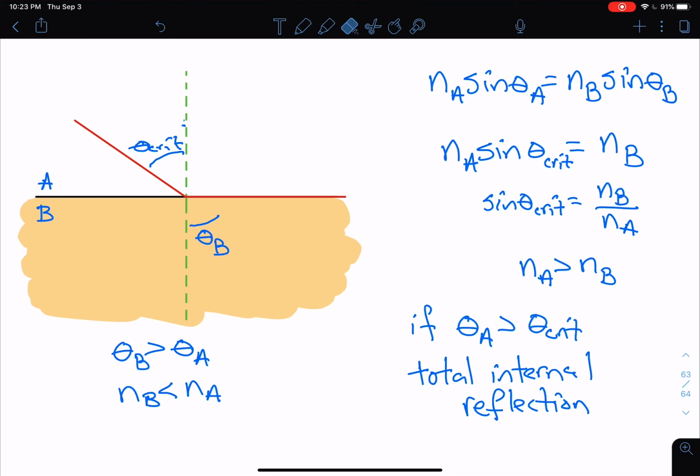We no longer have this theta b. This right here would be 90 degrees to here. And again, the sine of 90 is 1, so that's why that's disappeared and it's just become n b. So we get this relationship, which allows us to find the critical angle. And if the incoming angle is greater than that critical angle, you're going to get total internal reflection.